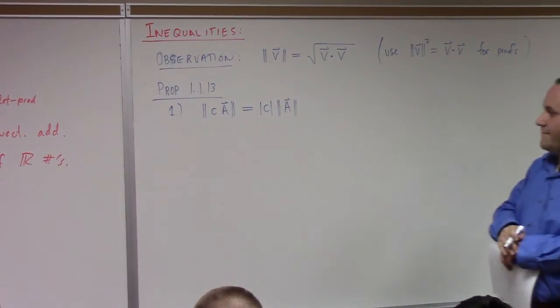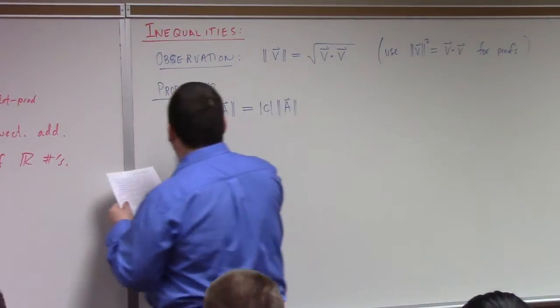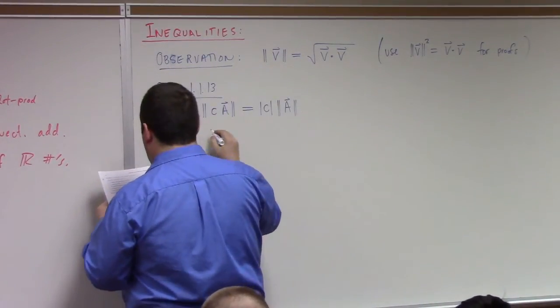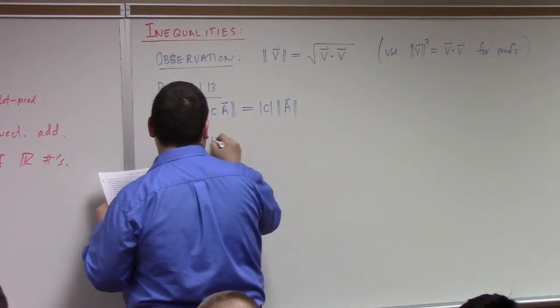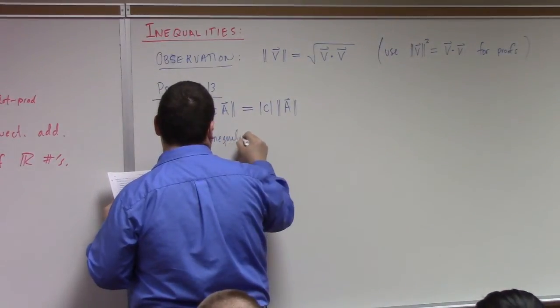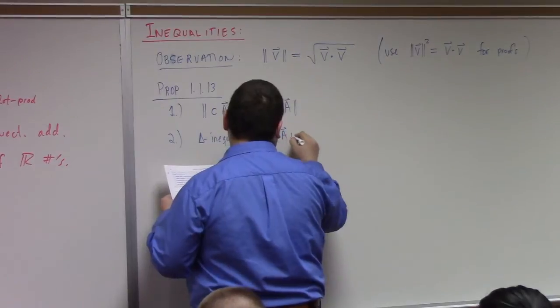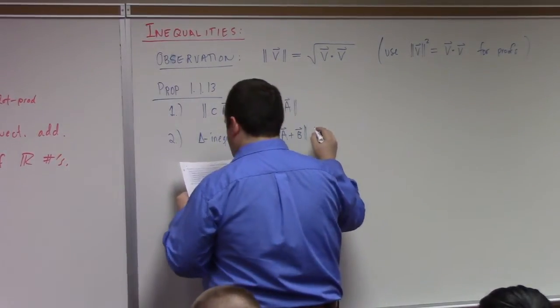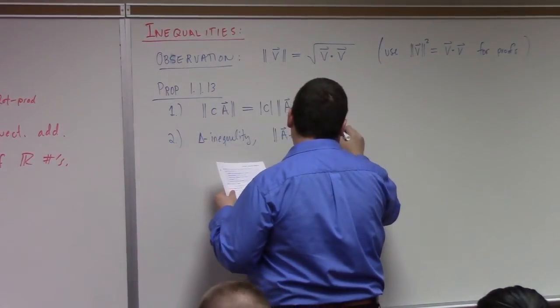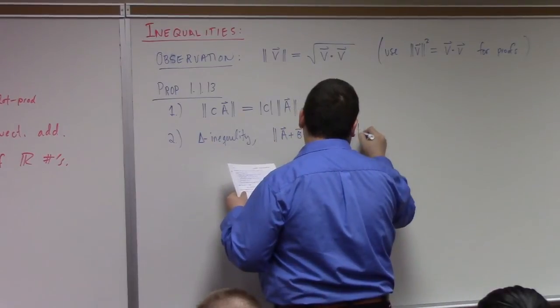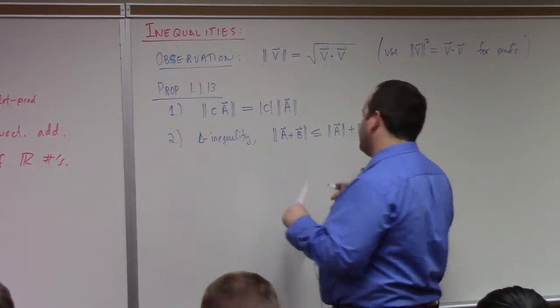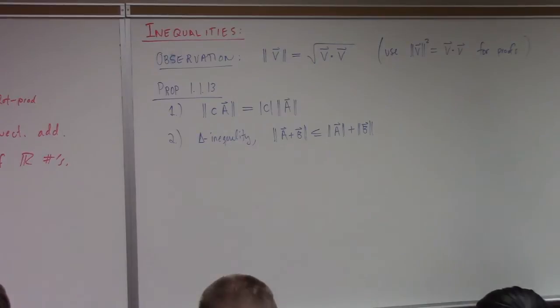Second, we have a triangle inequality. And that says that the norm of a plus b is less than or equal to the norm of a plus the norm of b. All right?